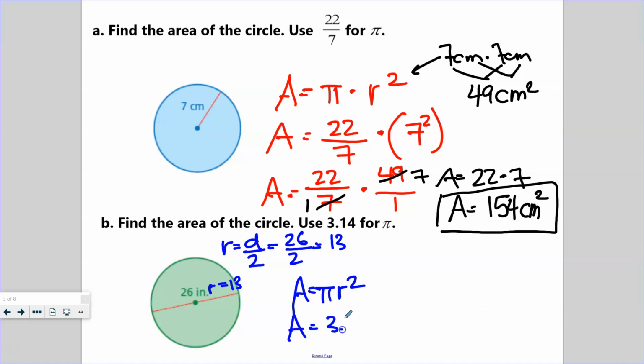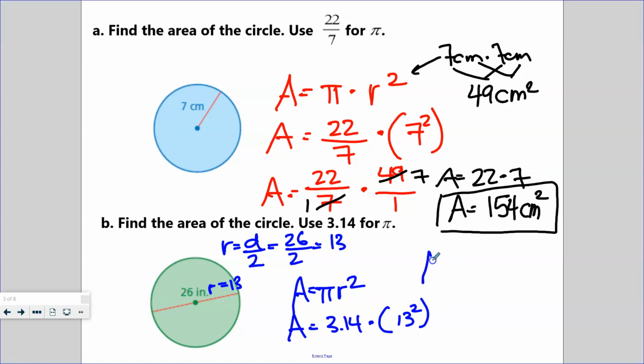Area equals 3.14 times, and think about parentheses, 13 squared. All right, so a lot of us memorized our square numbers up until 12, like 144, but 13 times 13 isn't something that you might know right off the bat.